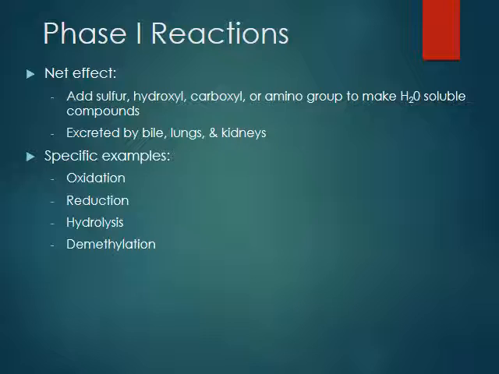So here, oftentimes we're adding a sulfur, hydroxyl, or carboxyl group to increase the water solubility. Here it can either go to the phase 2 reactions, or they can be excreted directly either in the bile, the lungs, or the kidneys. Again, here we'll see that the major examples will be oxidation, reduction, hydrolysis, and demethylation. Oxidation probably being the big one that we see with CYP enzymes.